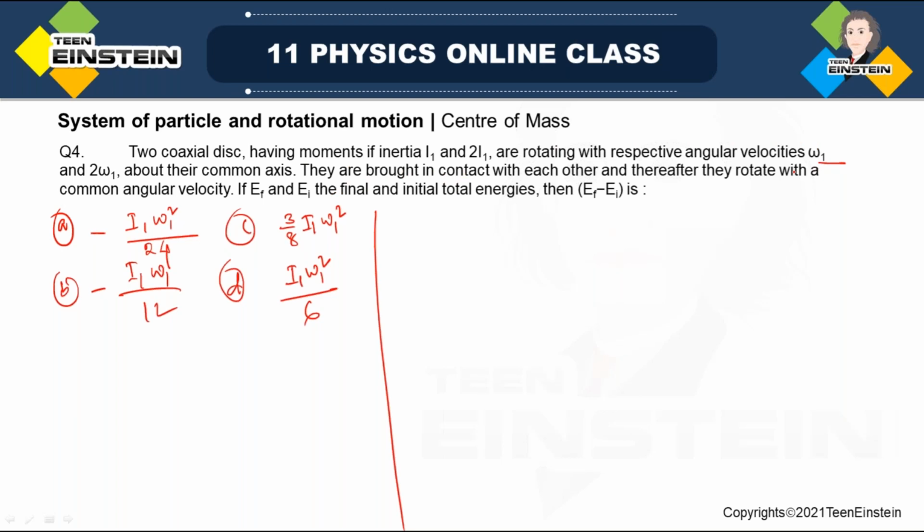When they are brought in contact with each other, their angular velocity changes, suppose to omega prime. Then what is the value of EF minus EI? This is the final total energy and this is the initial total energy of the system. You have to find out the difference between them.